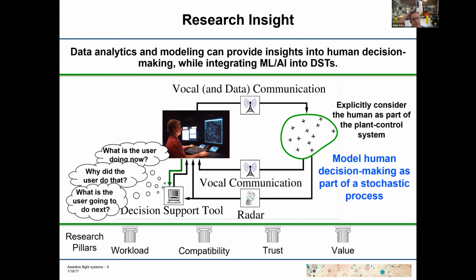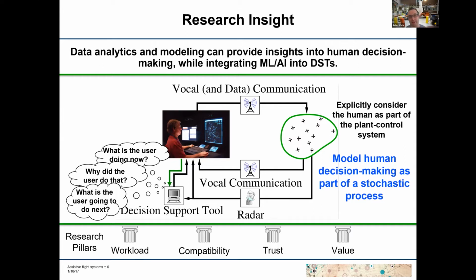So really my research, again, taking from this control systems perspective that we have to understand the plant and the controller, is to flip this paradigm around where we start having our AI system or our decision support tool be asking those questions about the user. Specifically, what is the user doing? Why did the user do that?